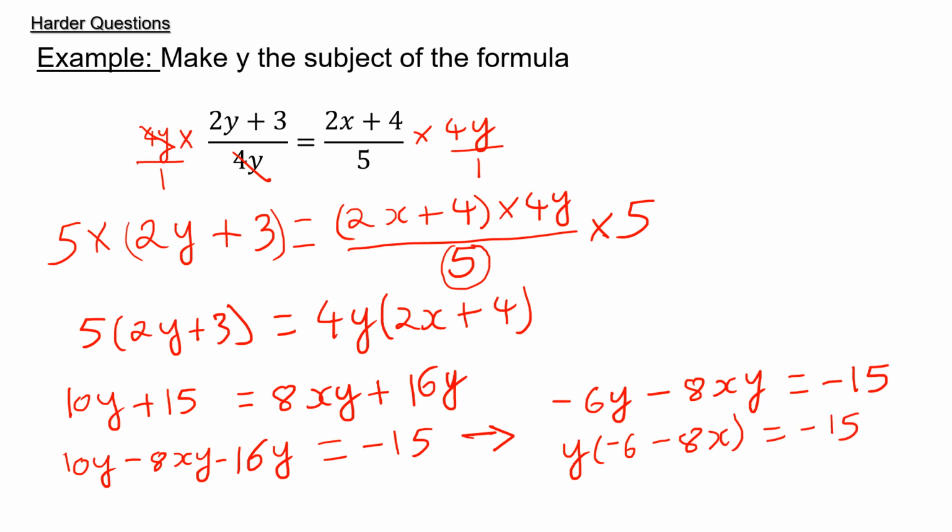I could then divide both sides by minus 6 take away 8x, giving me y equals minus 15 over minus 6 take away 8x. But you could also multiply the top and the bottom of the fraction by minus 1, which will give you a much nicer looking y equals 15 over 6 plus 8x. But both of them are valid.